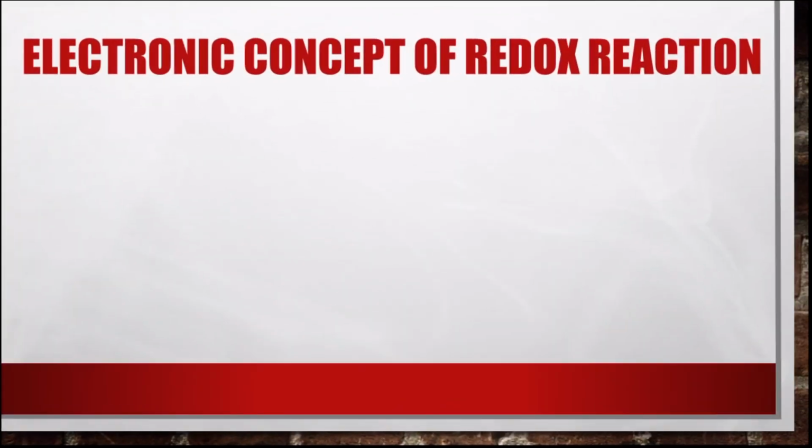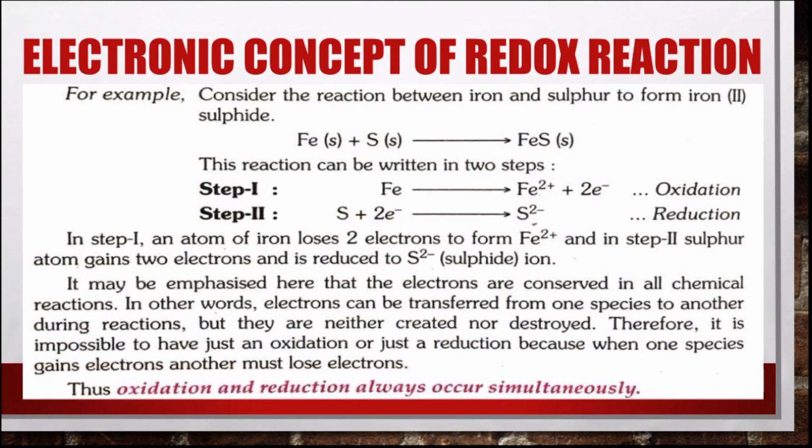Let's see some examples. Consider the reaction between iron and sulfur to form iron sulfide. Here, Fe plus S gives FeS. The reaction can be written in two steps. Step 1: Fe converts into Fe2+ with release of 2 electrons, whereas in step 2 sulfur accepts 2 electrons and forms S2-, and they combine to form FeS.